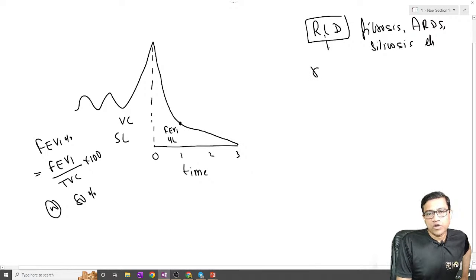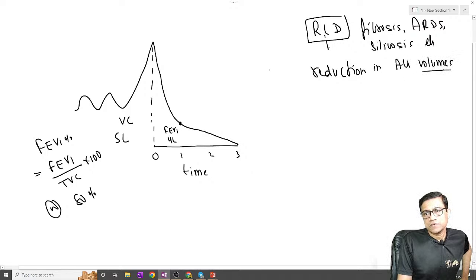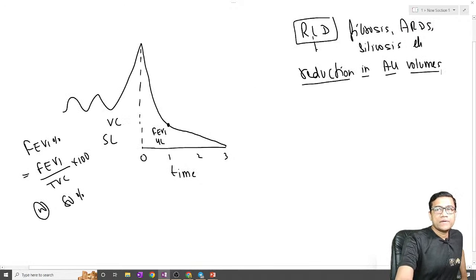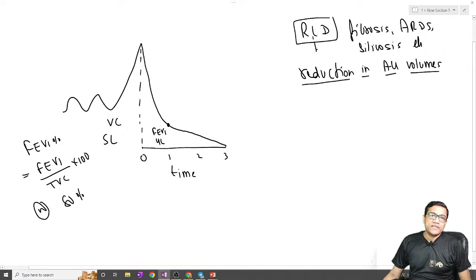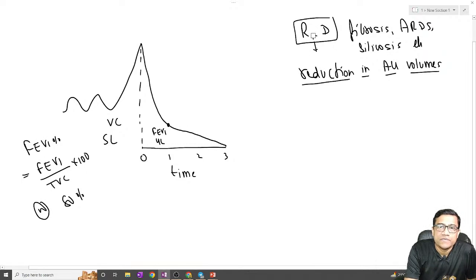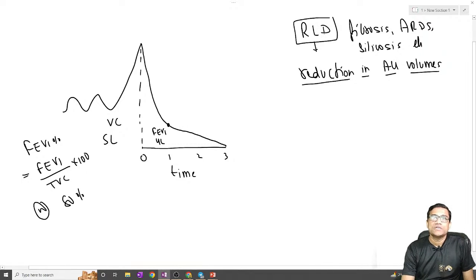There is reduction in all the volumes. Clear? So reduction in all the volumes will take place.